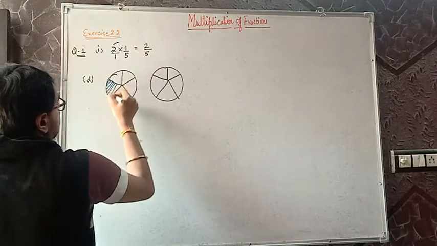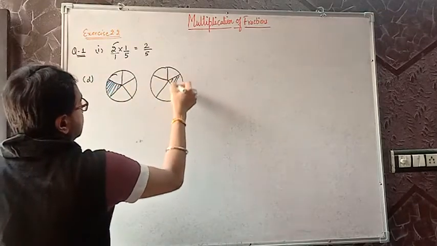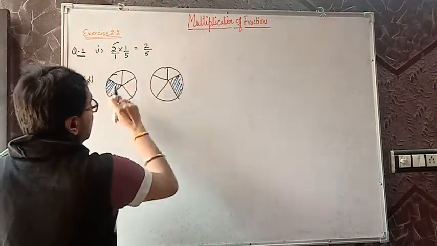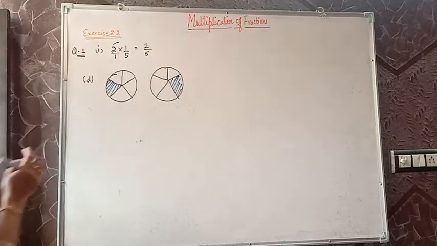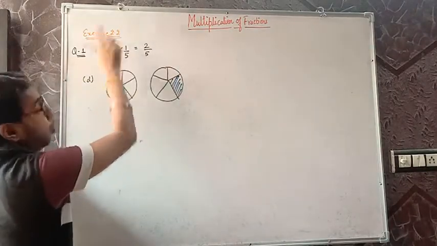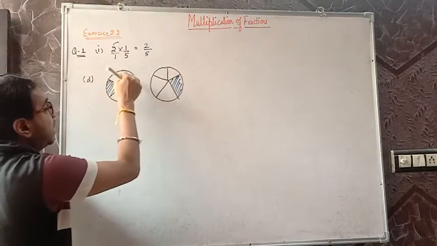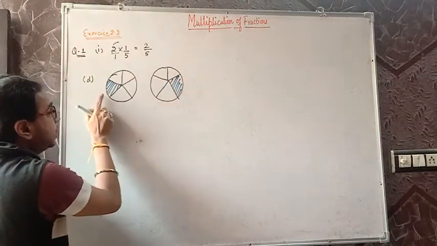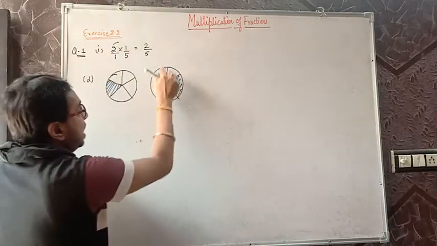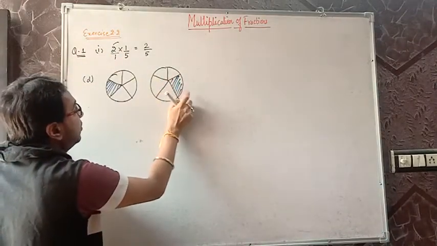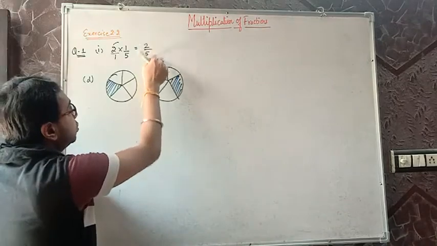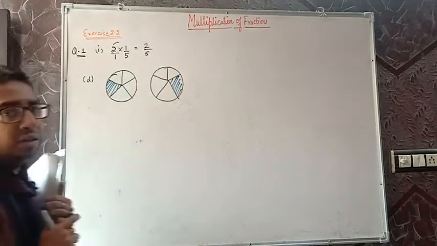For example, this part is shaded and here this part is shaded. It's not mandatory that it be the left one. So two whole parts are there, and out of 5 only one part is included. 1, 2, 3, 4, 5: 5 parts, only one part is included, 1 by 5. Two parts are there, answer 2 by 5. So this denotes drawing D.